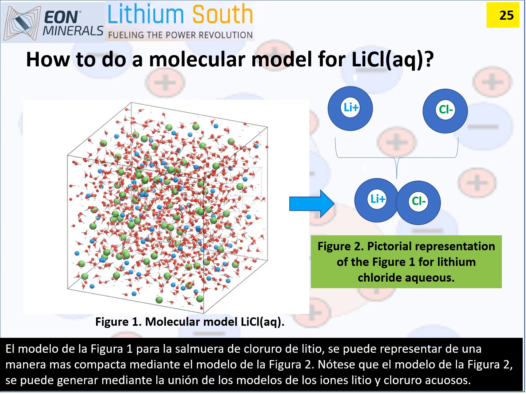The model of figure 1 for lithium chloride brine can be represented in a more compact way by the model of figure 2. Notice that the model in figure 2 can be generated by joining the models of aqueous lithium and chloride ions.